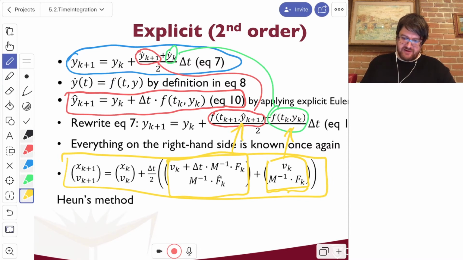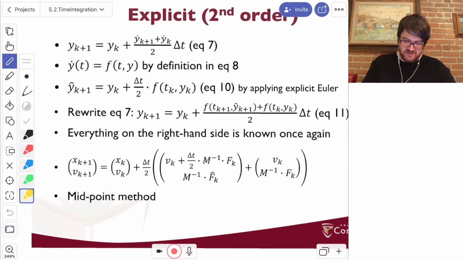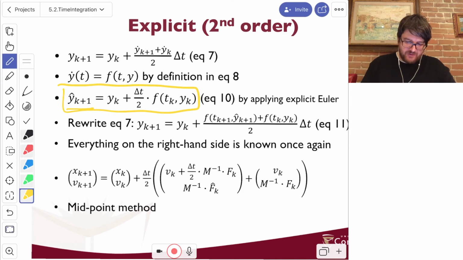And there's a slight variation of this method called the midpoint method, where instead of estimating yk plus 1 hat fully at k plus 1, we actually estimate it in the middle. So we take a smaller step to estimate the y hat k plus 1.